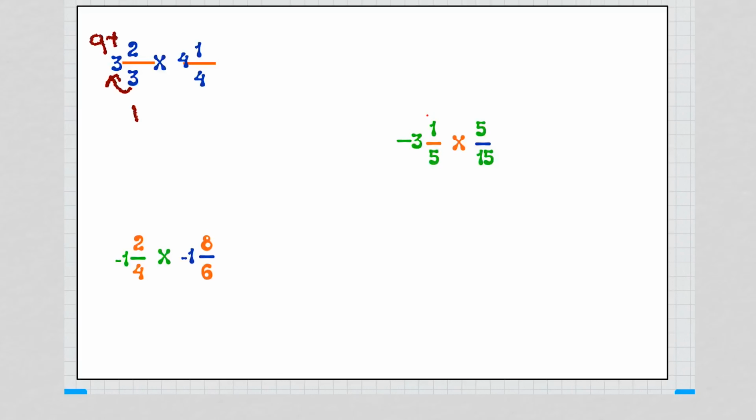So we can write this first fraction as 11 over 3 and put the times sign. Then convert this second fraction as well. 4 times 4 is 16 plus 1. This one is 17 over 4.